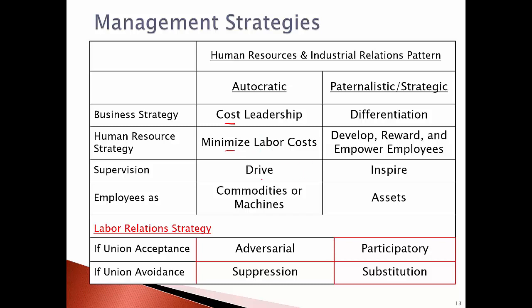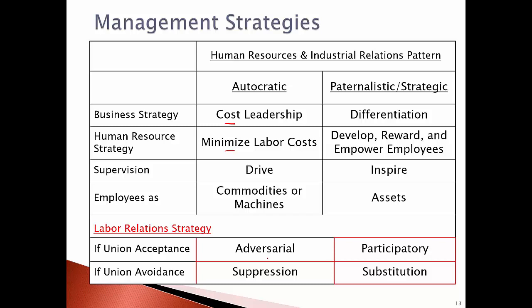Supervision is done through the drive mechanism we talked about before. Employees are treated more like commodities or machines, and their mechanism for voice basically involves leaving the company if they're not satisfied. In an autocratic work environment, if a union is accepted, the company takes on a very adversarial role towards the union.